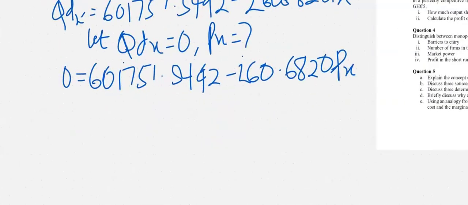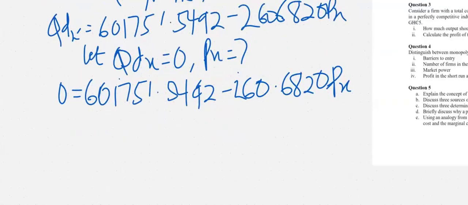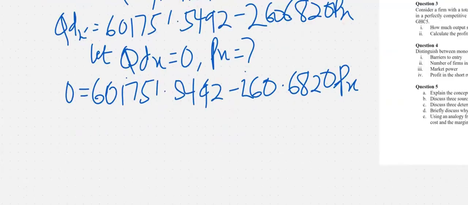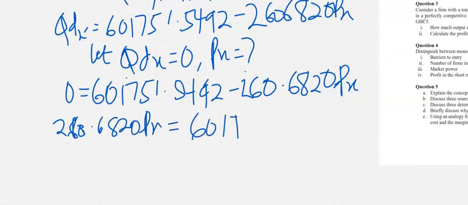All right, so we make PX the subject. So we're going to have 260.6820 PX equals 601751.5492.